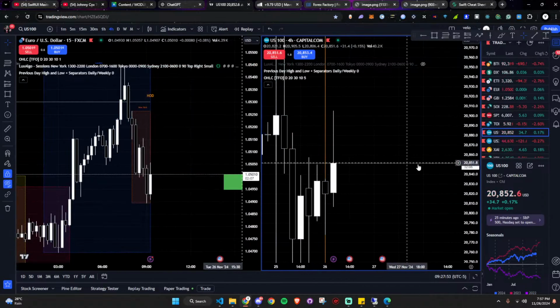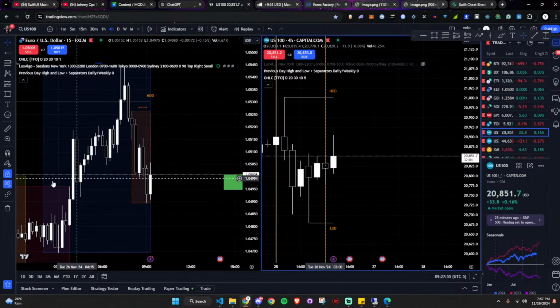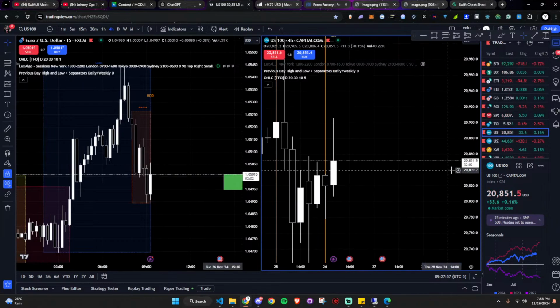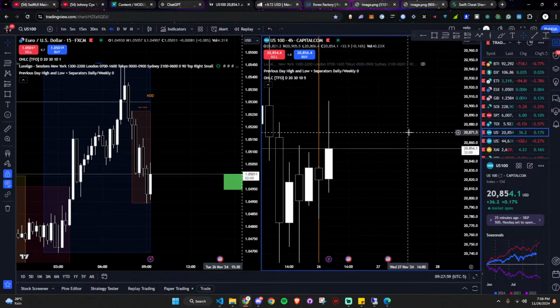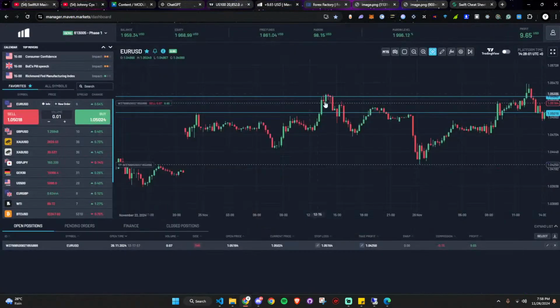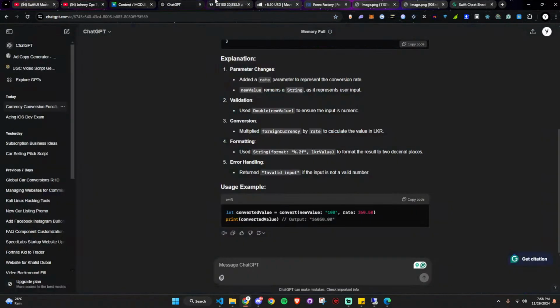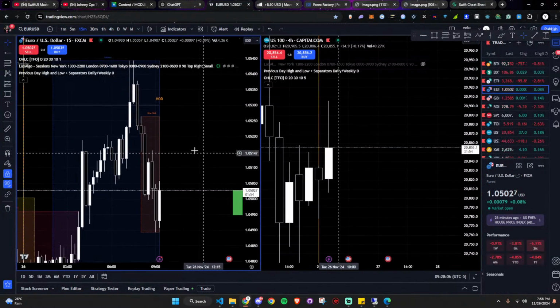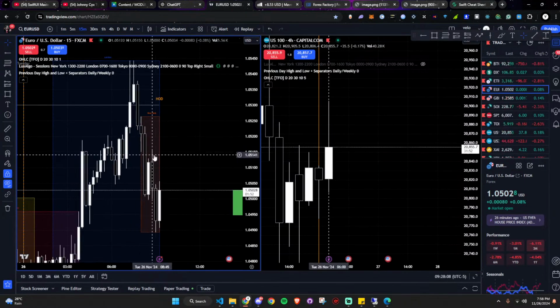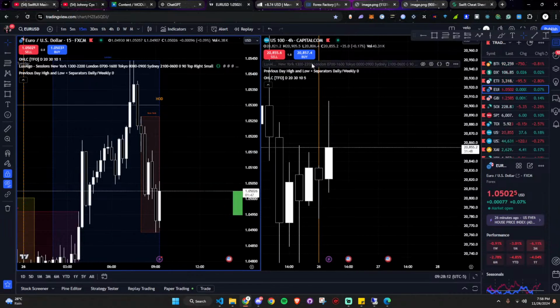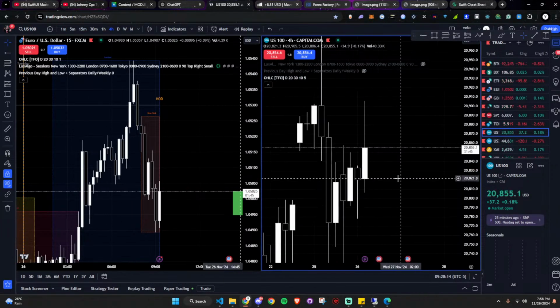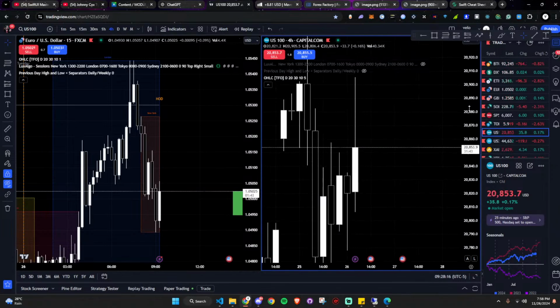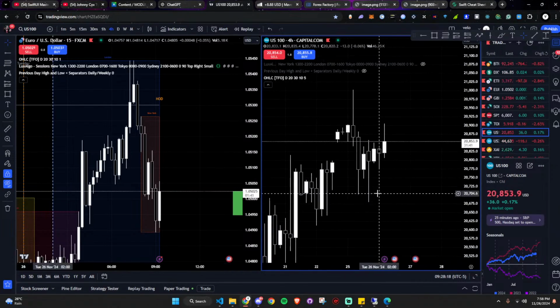This high was taken out. Need to be better at identifying things on the high time frames. I think the high time frames are basically where everything happens, right? Because the high time frames right now don't look as convincing. Look at that, you took out the lows, right?